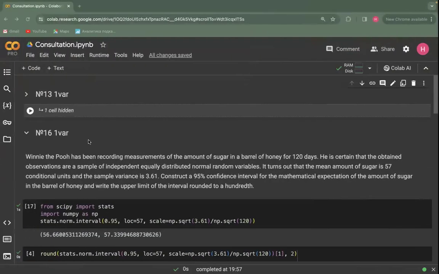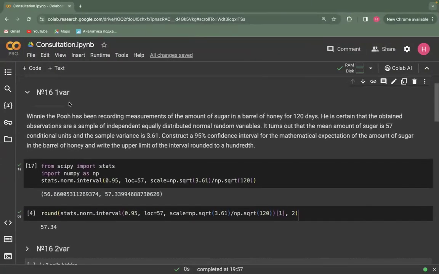So let's move to the 16th exercise. Winnie the Pooh has been recording measurements of the amount of sugar in a barrel of honey for 120 days. He is certain that the obtained observations are a sample of independent, equally distributed normal random variables. So here we know that it is normal, and we know the number of days.